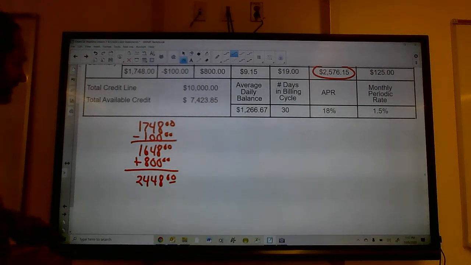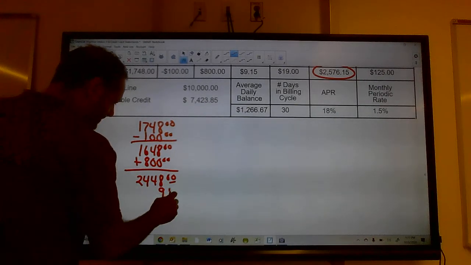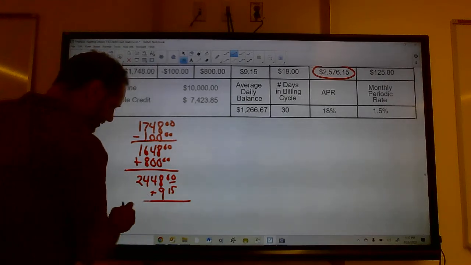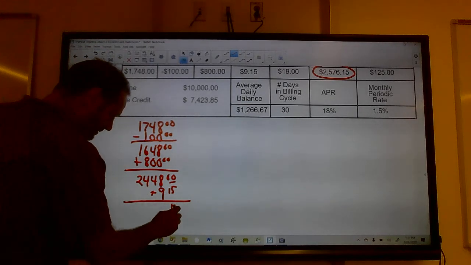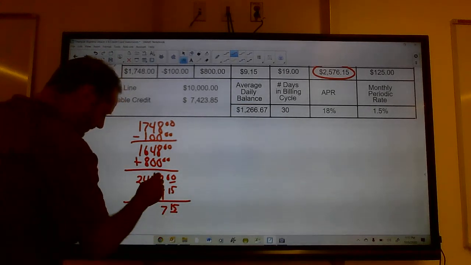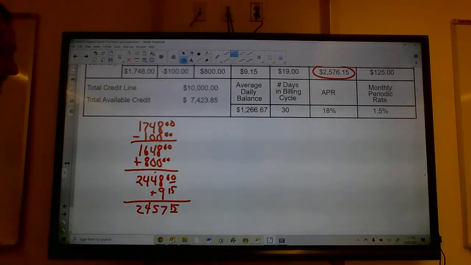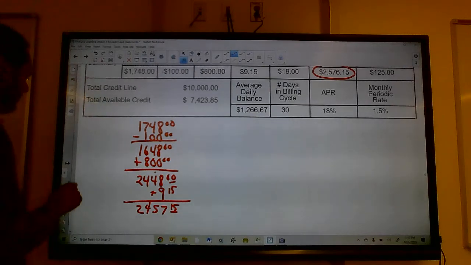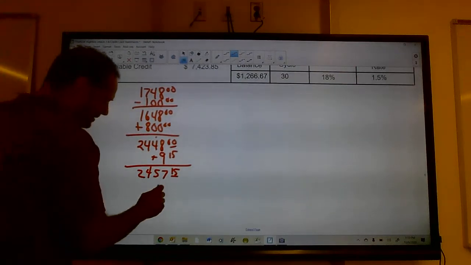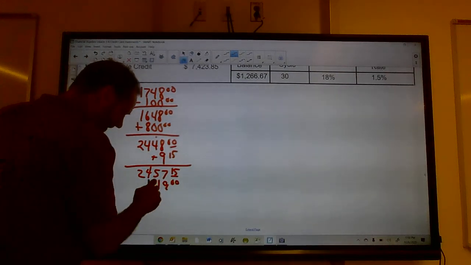She got charged a late fee of $9.15. So we'll go ahead and add that. It's $2,457.15. She had a finance charge of $19. So we got to add that.